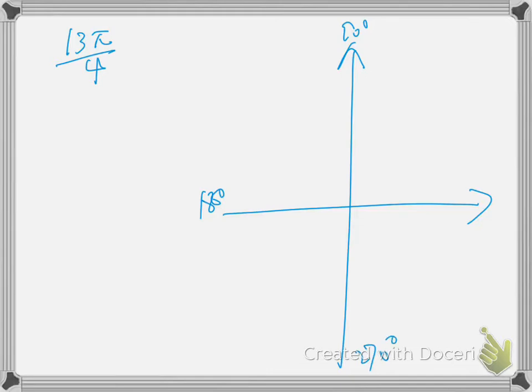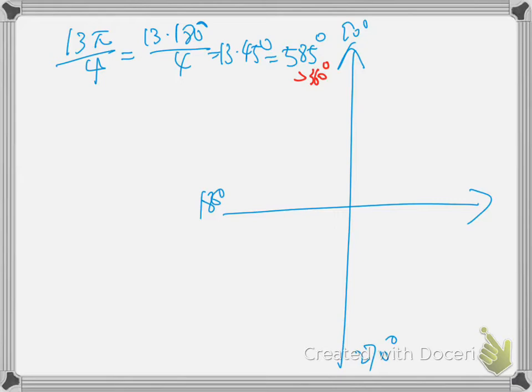But when you change this angle to degrees, 13 times 180 divided by 4, which is 13 times 45 degrees, this is 585 degrees. So this angle is bigger than 360.